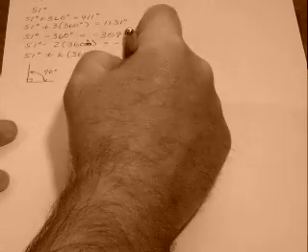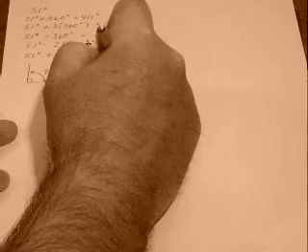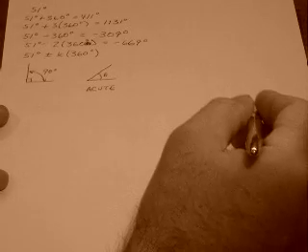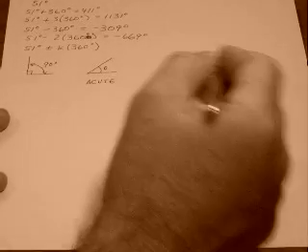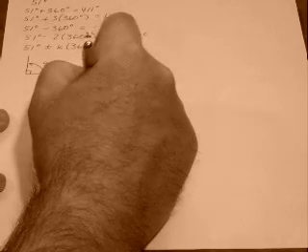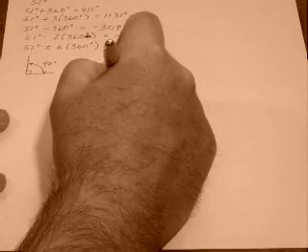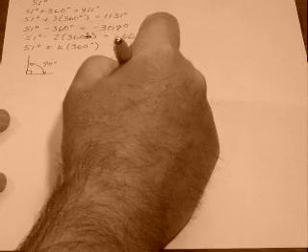Acute. These are angles between 0 and 90 degrees. So if you call this angle theta, which by the way is often used to denote angles in trigonometry, we use Greek letters, angle theta. An acute angle would be between 0 degrees and 90 degrees. In other words, theta is greater than 0 degrees, less than 90 degrees.